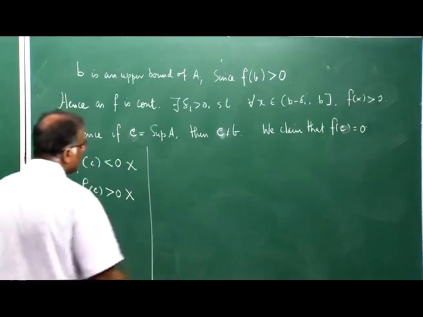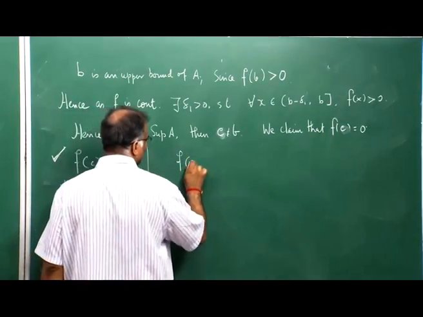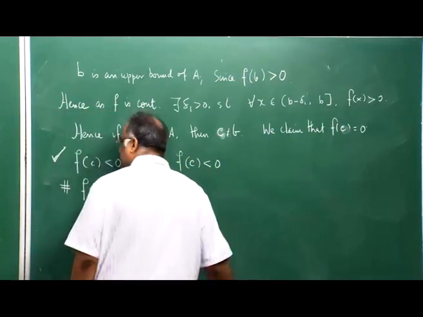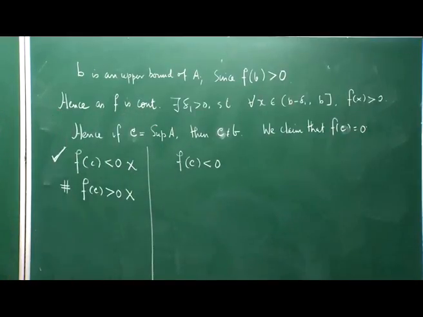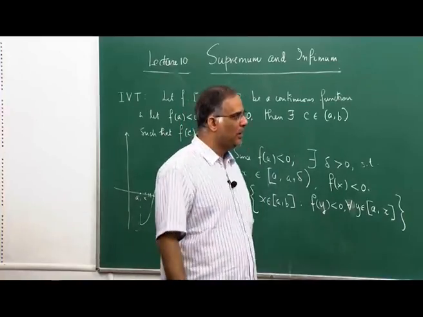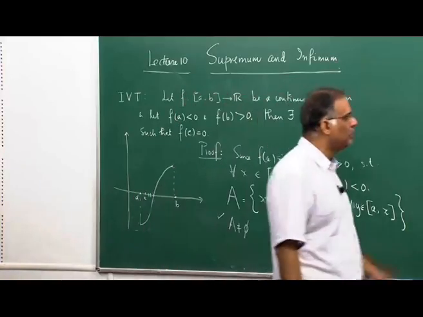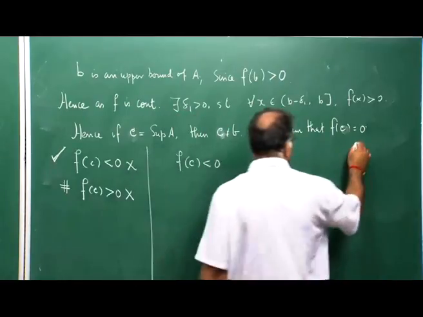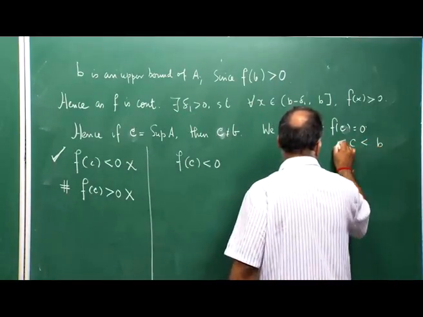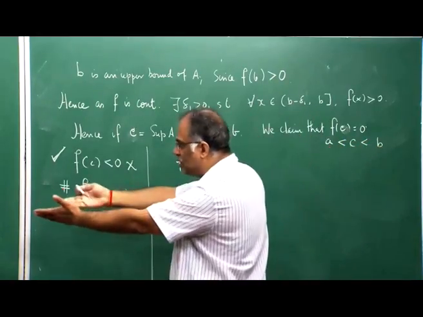So, suppose f of c is strictly less than 0. Now c is obviously bigger than a because it is the supremum, and c is obviously less than b naturally. So this c is lying between a and b, which is clear from the constructions that we have done.